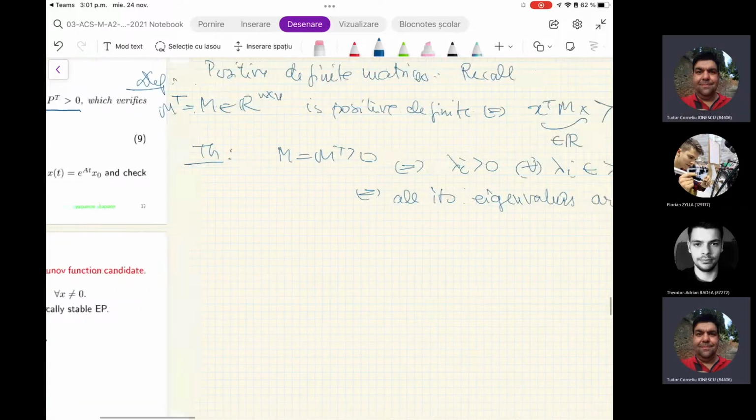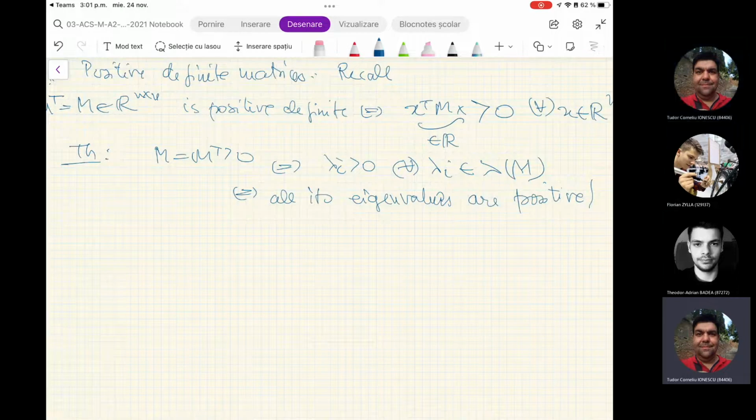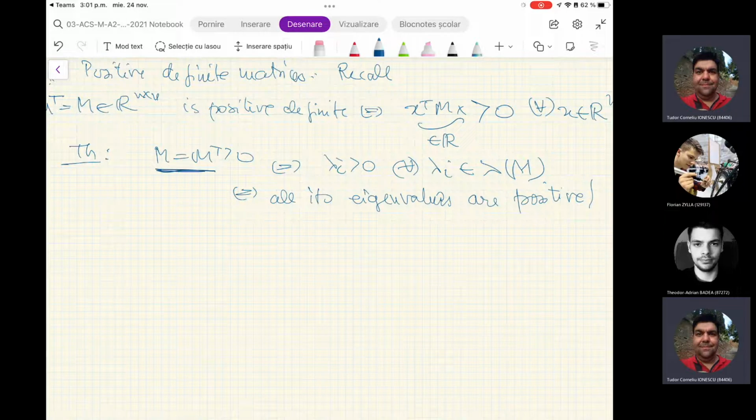That's a positive definite matrix. That's why we say symmetric, because symmetric matrices have real spectra. Lambda of M, this is the spectrum of the matrix M, is the set of eigenvalues of the matrix M.